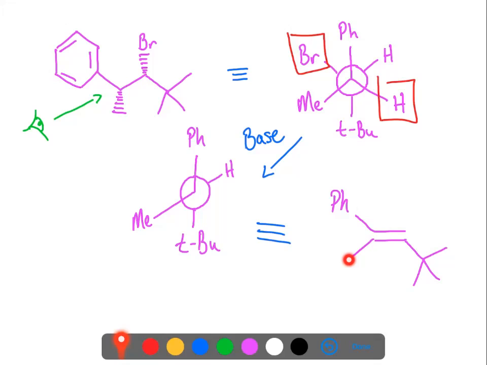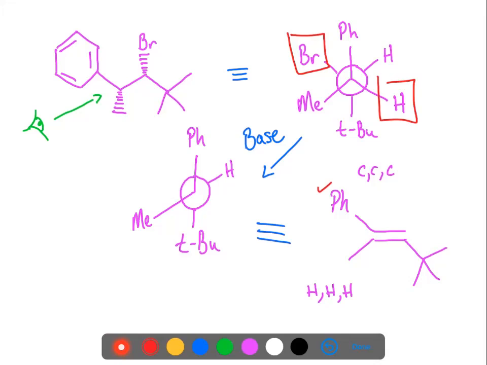Attached to this carbon are 3 hydrogens. So I can remind us here. And attached to this particular carbon would be carbon, carbon, carbon. And so this will be our high priority group. The phenyl ring will be higher in priority than the methyl group.